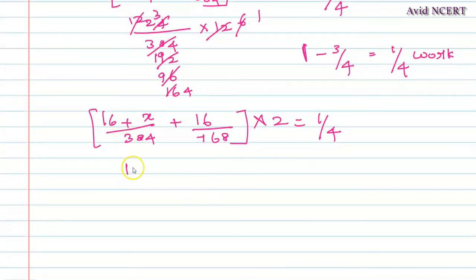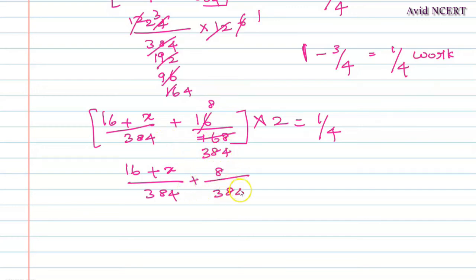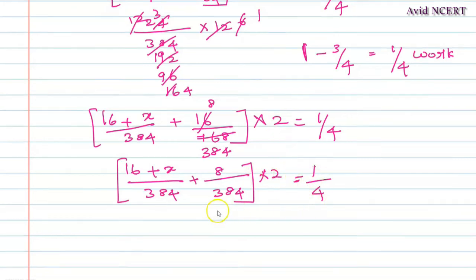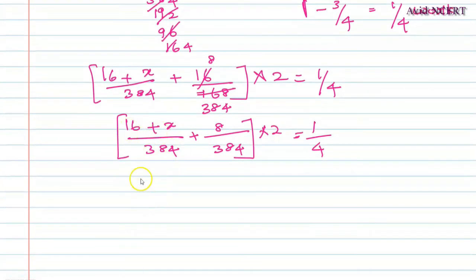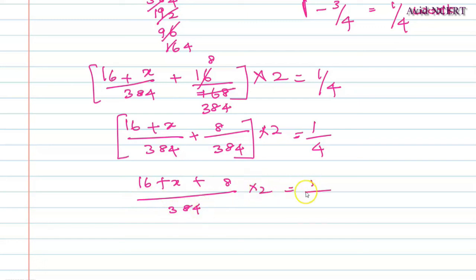Again here, 2 8 times is 16, 2 384 is 768. So 16 plus x by 384 plus 8 by 384, into 2 equals 1 by 4. So 16 plus x plus 8 divided by 384, into 2 equals 1 by 4.